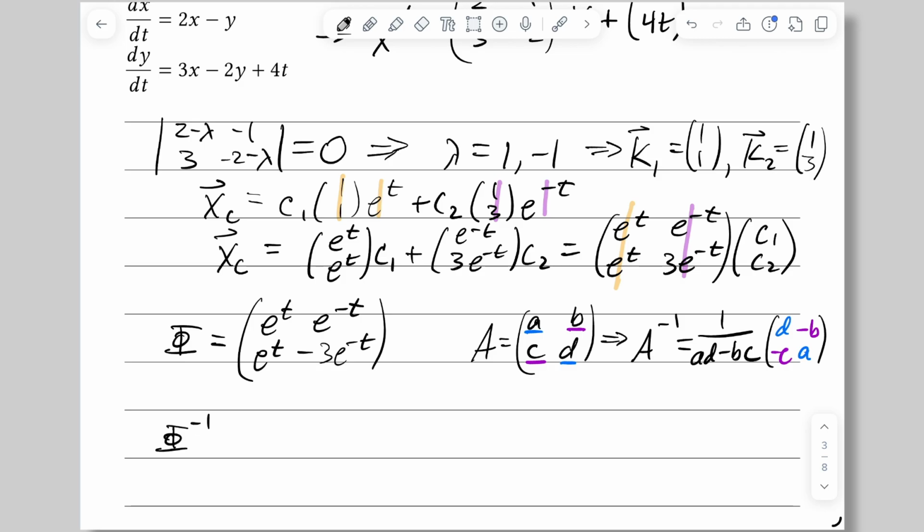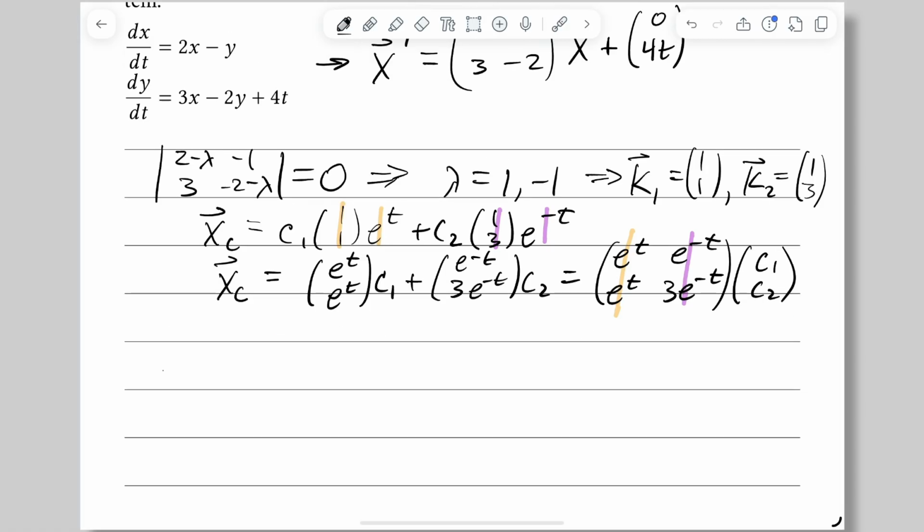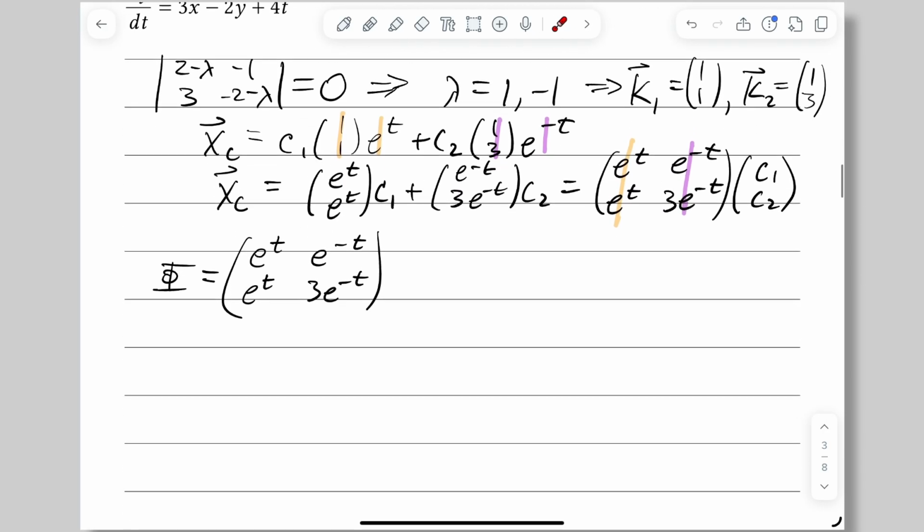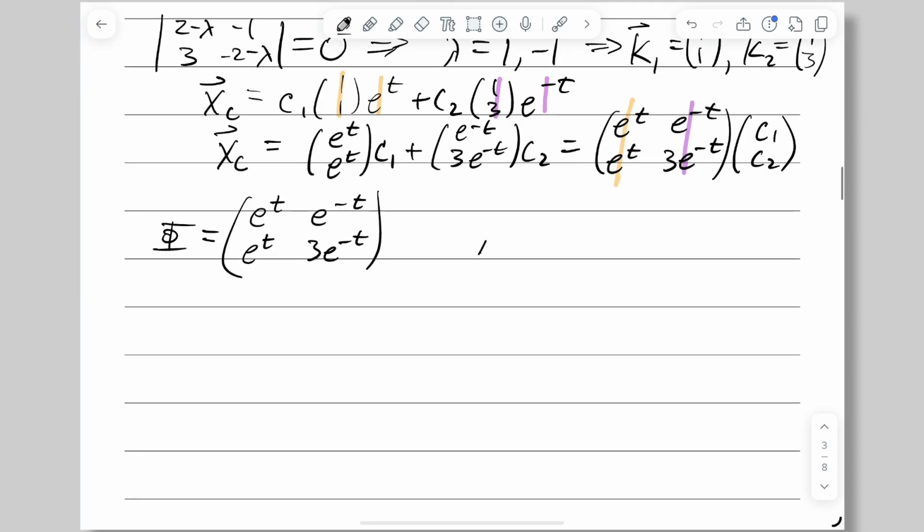Here, we're going to find phi inverse. So we've got that phi is equal to the matrix [e^t, e^(-t); e^t, 3e^(-t)]. For the formula that we just looked at, we need phi inverse. So I'll just quickly show you one way to find the inverse of a 2 by 2 matrix. Suppose A is the matrix [a, b; c, d].